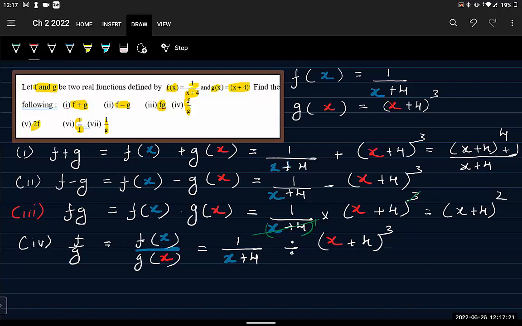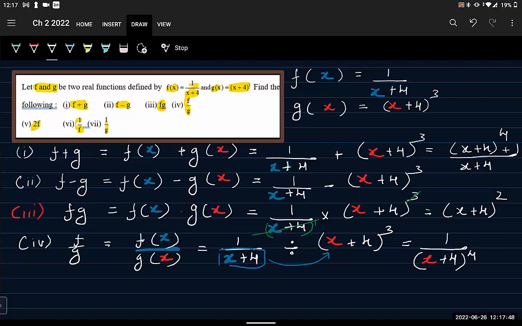Since we are dividing, the denominator of the numerator will become the denominator, and the final value will become 1 upon x plus 4 whole raised to 4.